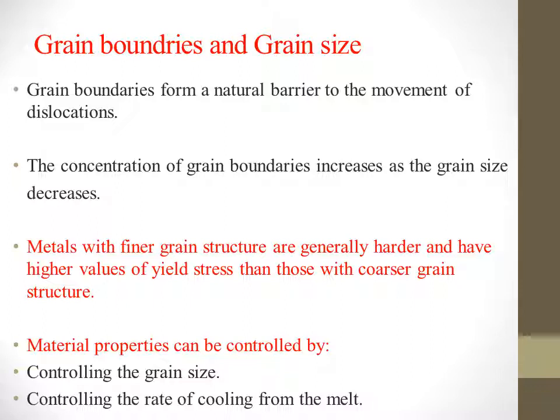Metal properties can be controlled by controlling the grain size. If you want a more ductile metal, you can try to make the grain structure coarser and irregular. That will decrease the concentration of grain boundaries, and that way the movement of dislocation will be easier.